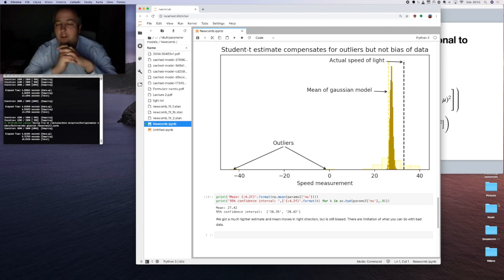If we had good information on the actual speed of light, then we could have an informative prior, especially for mean and for our scale. Then we would have a completely different situation, because we could improve this, but we didn't possess proper expert knowledge at this moment in order to improve our results.